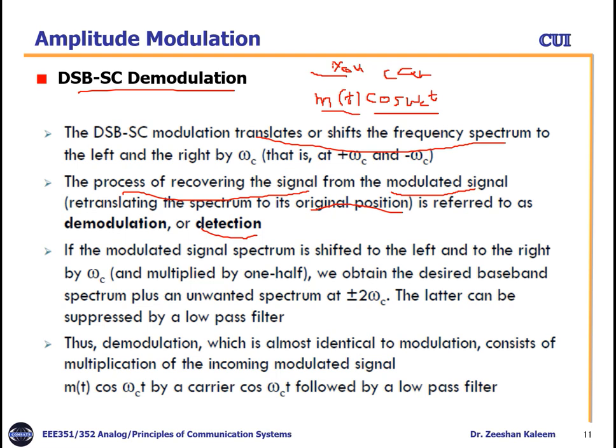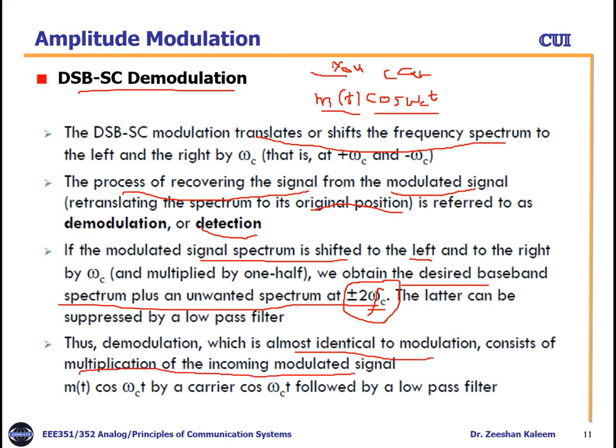If the modulated signal spectrum is shifted to the left and to the right, we obtain the desired baseband spectrum plus an unwanted spectrum at 2 omega_c or 2f_c. Here we are using 2f_c. The latter can be suppressed. So whenever we do this process of demodulation, there will be a message signal, plus some other signal generated at the frequency 2 times f_c. Thus demodulation is almost identical to modulation, which consists of multiplication of the incoming modulated signal.